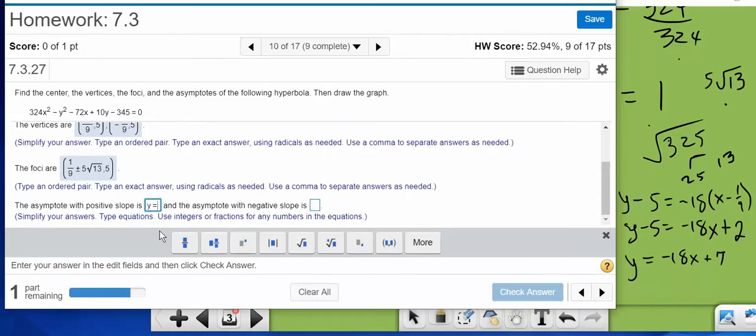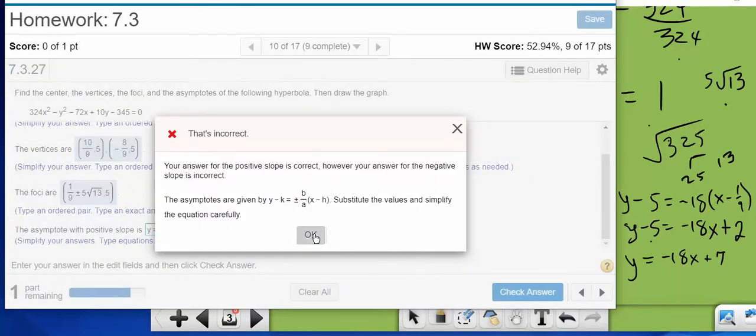So y equals 18x, what was it, plus 3. And y equals negative 18x plus 7.